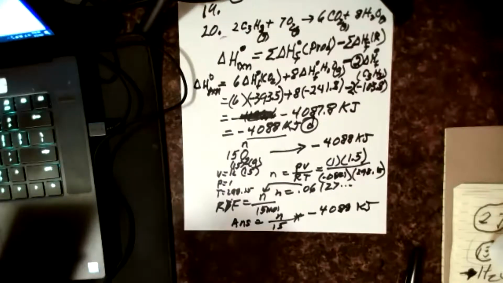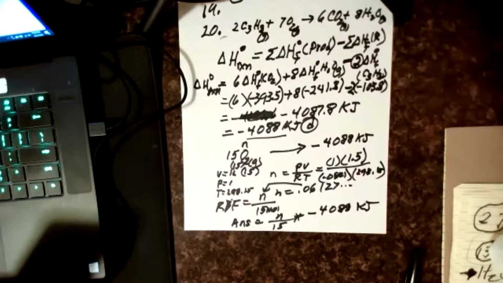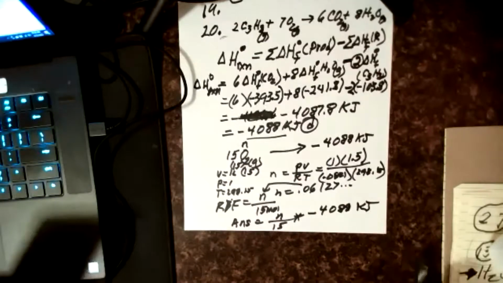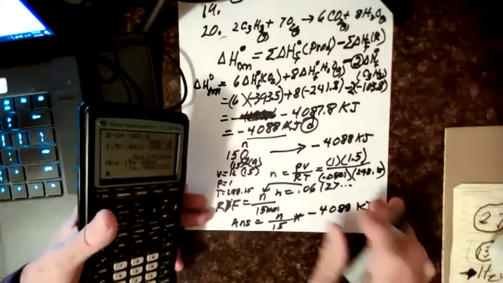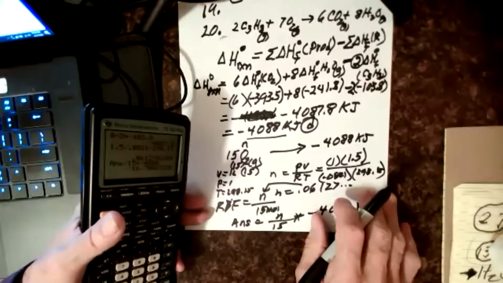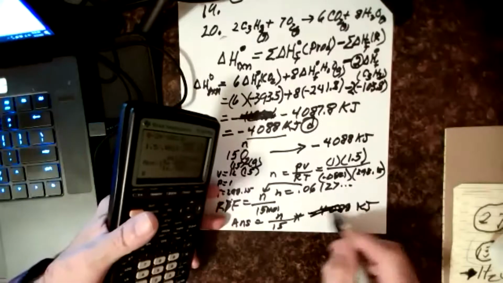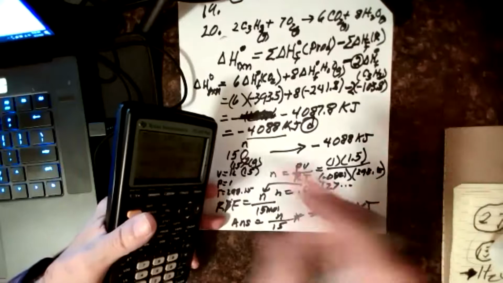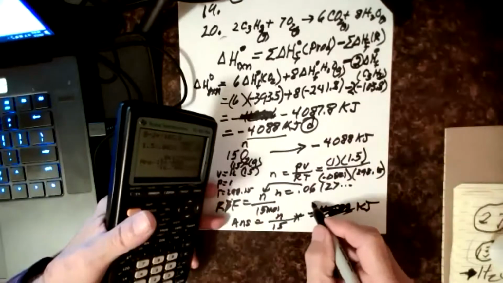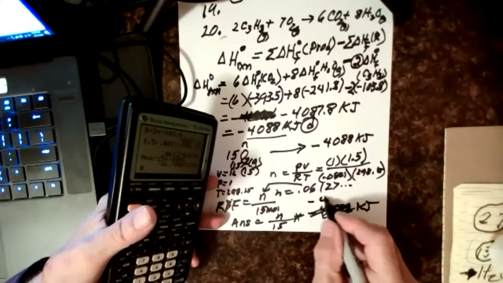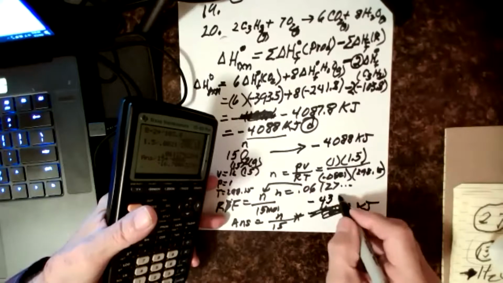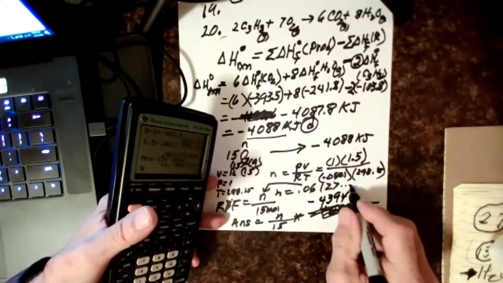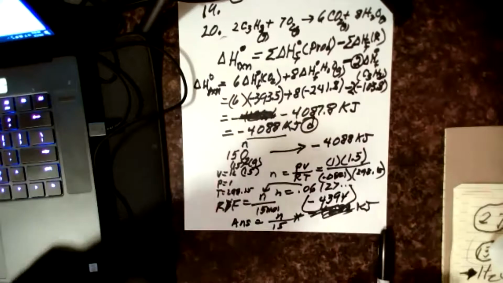Oh, I see. I gave you a different heat. I guess you can figure out why I did that. I didn't want to give you the answer to the other problem. Okay, my heat was supposed to be minus 4394. So I need to back up and punt.